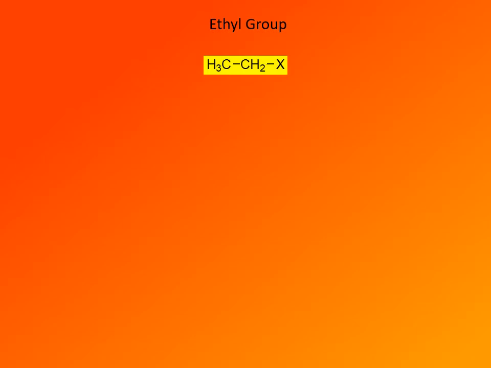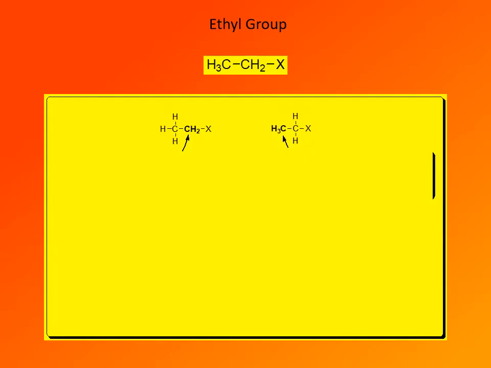They exhibit only an average state, so they do not split signals. So either way, we are observing only an isolated ethyl group. If that's the case, then the signal due to the CH2 group of the ethyl group is split by the 3 protons of the neighboring methyl group, and the signal due to the methyl group is split by the neighboring 2 protons of the methylene group. So that's shown here.